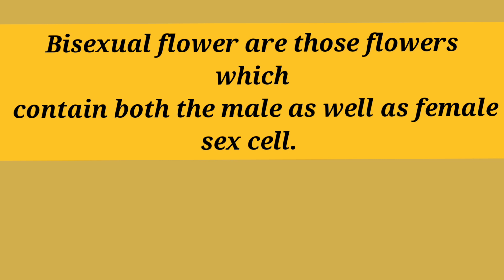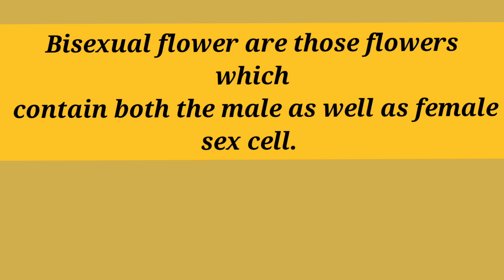Bisexual or monosexual flower. What is meant by bisexual? A flower which contains both stamen and carpel. What is meant by stamen? Stamen means androecium and carpel means gynoecium. A flower which contains both stamen and carpel is called a bisexual flower.